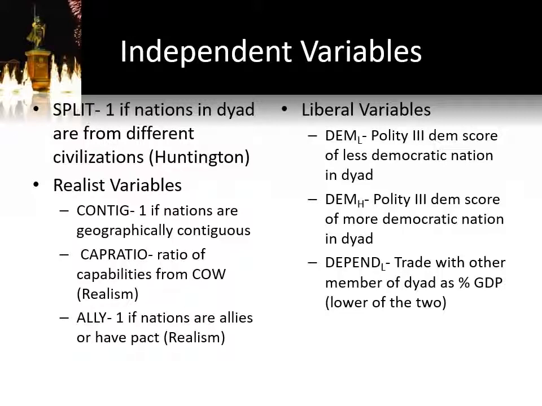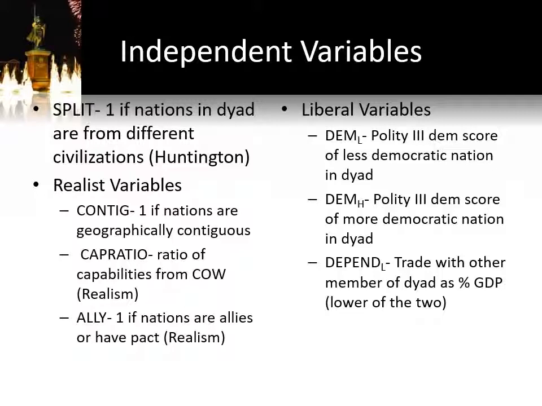And the idea is, if the score of the highest one is low, then we're dealing with a lower level of democracy, and that tells you something. If, on the other hand, we have the lower score of Dem L, there's this idea, maybe it's the lower score that drives the boat.